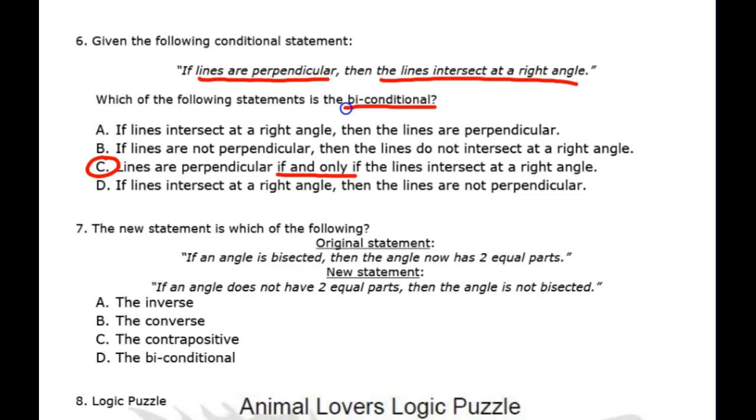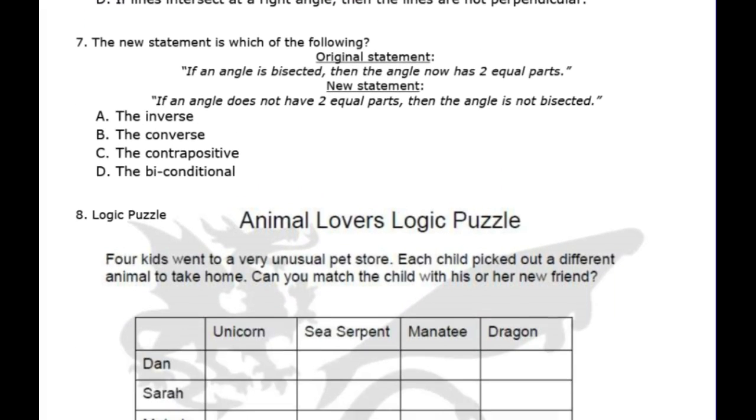Okay. Number 7, the new statement is which of the following? So I've got my original statement: if an angle is bisected, then the angle has two equal parts. The new statement: if an angle does not have two equal parts, then the angle is not bisected. What happened from the original to the new?